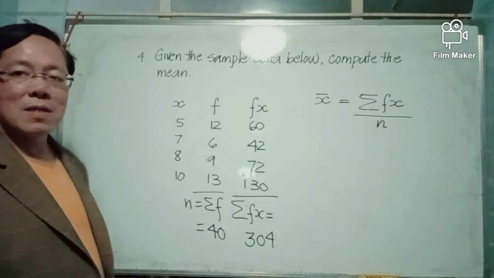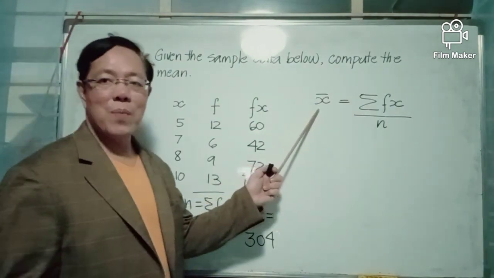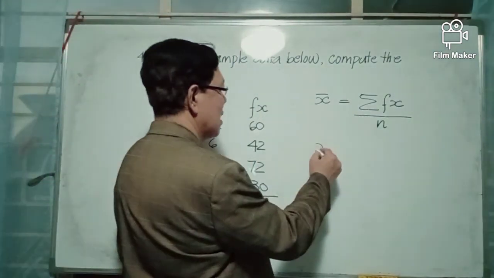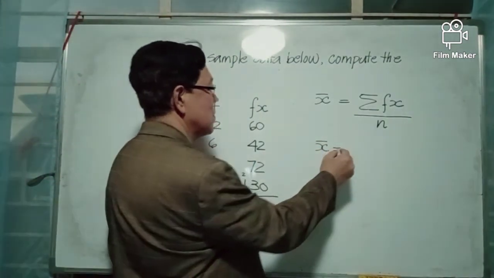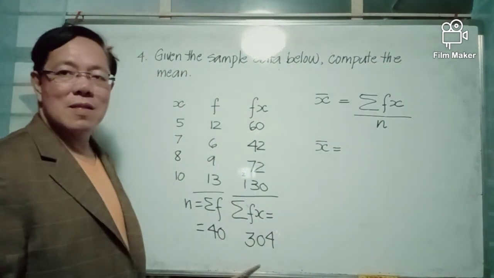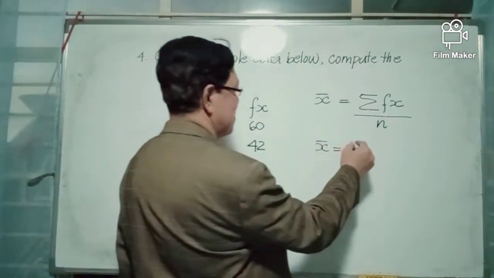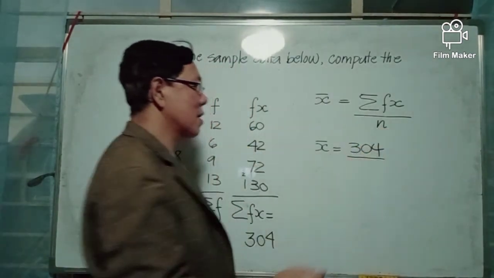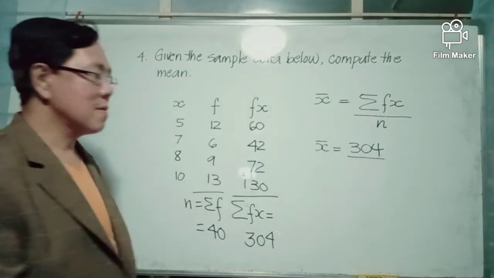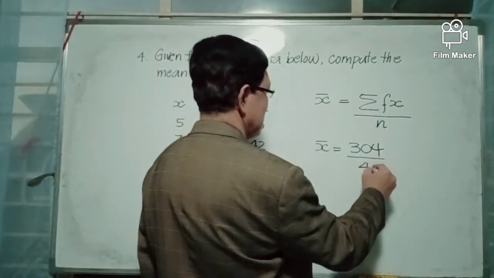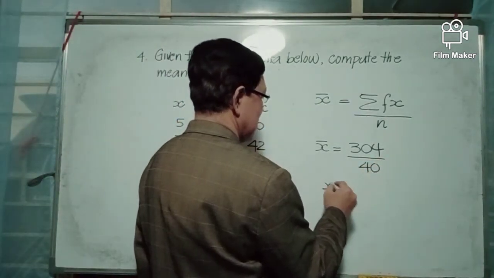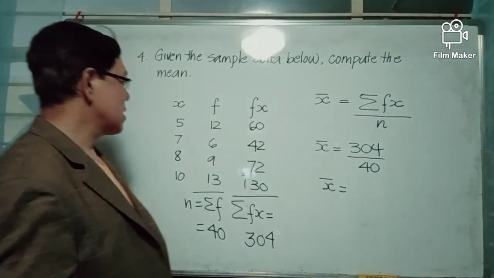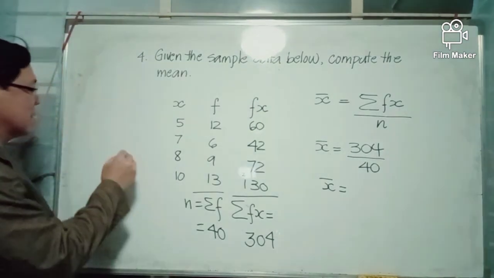Now we can compute the sample mean x bar for this sample data. x bar now is equal to summation of fx, which is 304, and we divide by n, 40. Using your calculator, you divide 304 by 40.